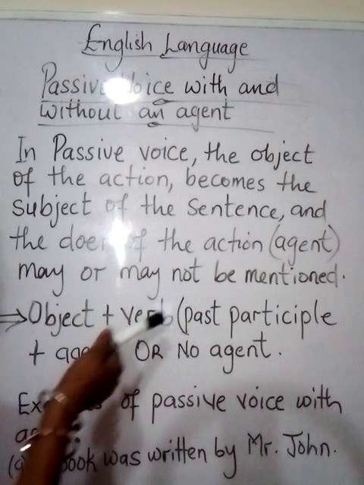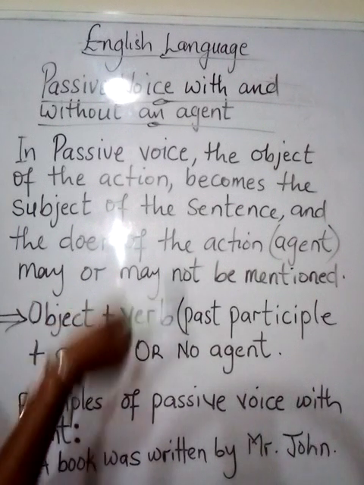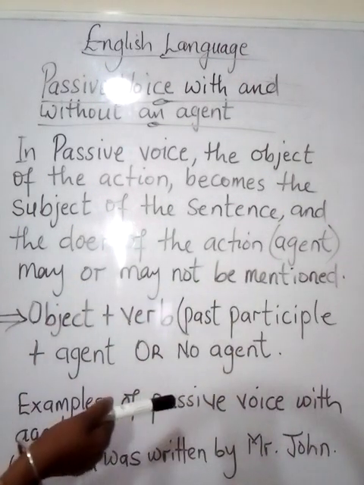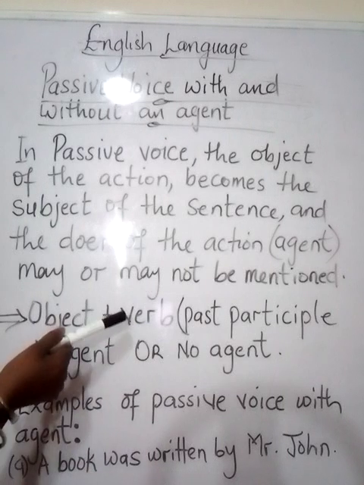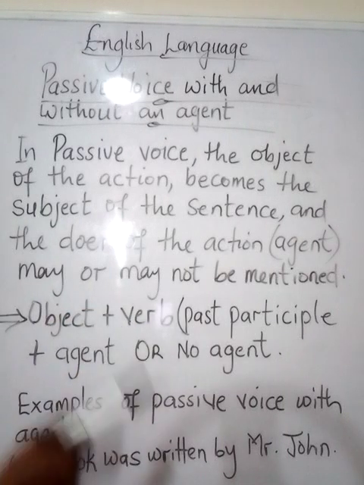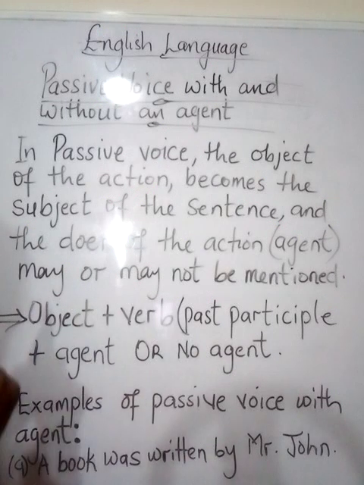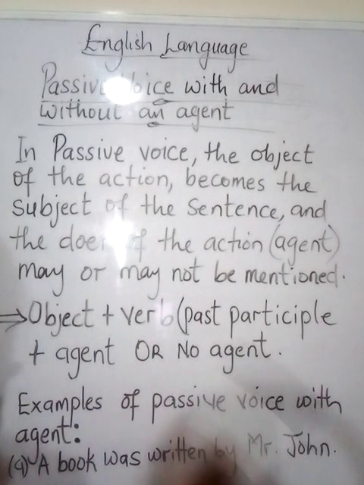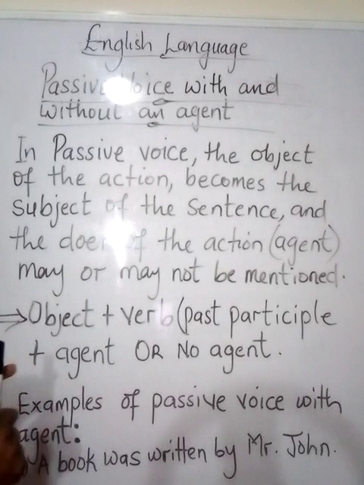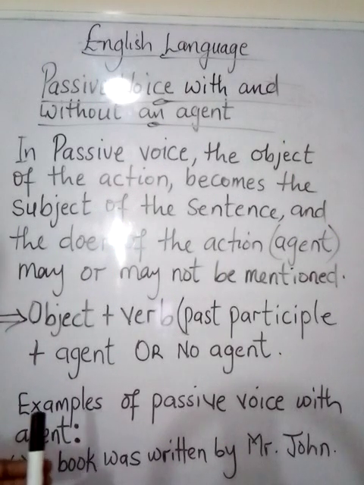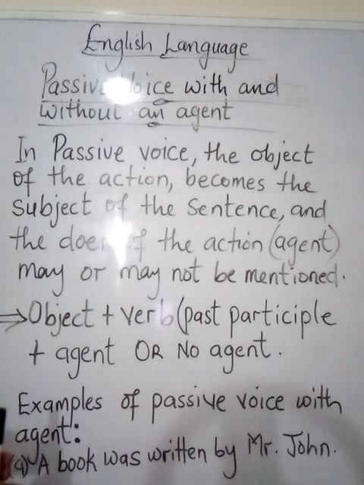But in passive voice, it must be past participle. That is, that wrote has to be written. Remember, the present tense of writing, that action of writing, is write. The past tense is wrote. And the past participle is written.